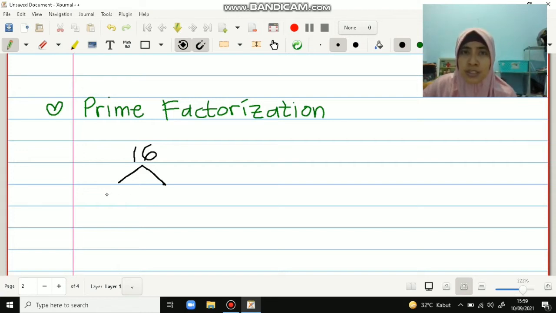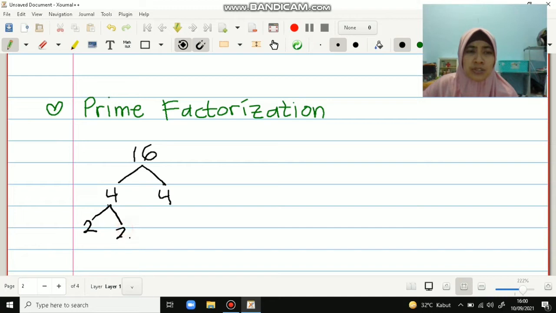First step, choose the multiplication that you want. I want to make 16 as 4 times 4. Okay. Is 4 prime? No. If it is not a prime, you can continue writing it as multiplication.